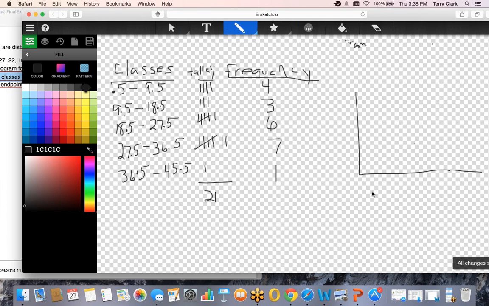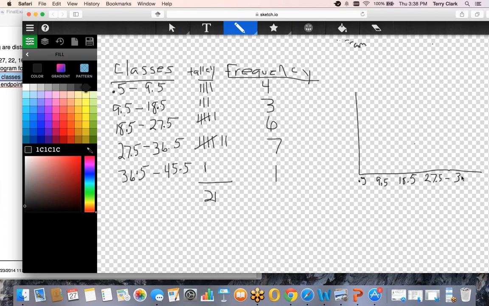Now we'll put 0.5, and then that'll go to 9.5, and then that'll go to 18.5, then that'll go to 27.5, and then that'll go to 36.5.